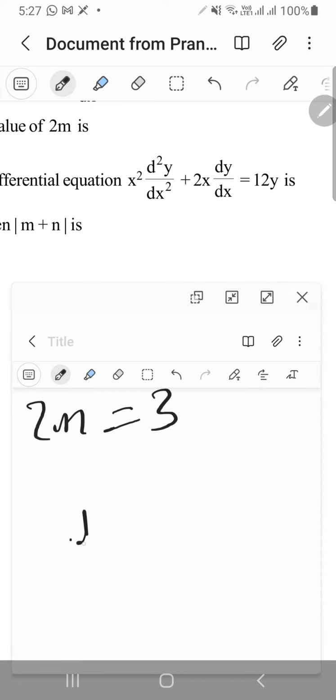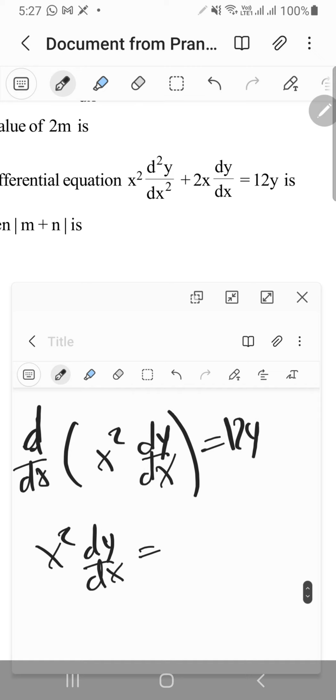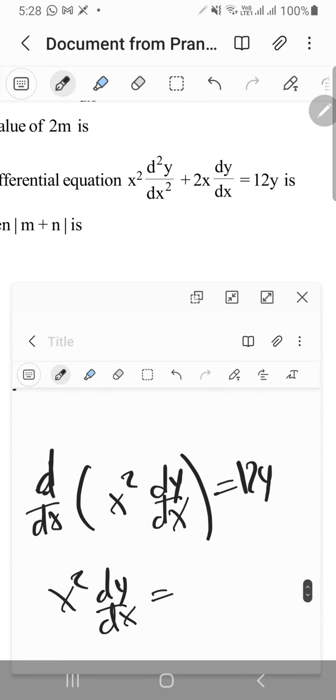Isn't it just dy by dx of x squared dy by dx equal to 12y, right? Of course, it's just that. So x squared dy by dx should just be equal to 12y plus some constant. No, it's equal, of course. Wait, but that's a y over the, no, not good. This is not good.